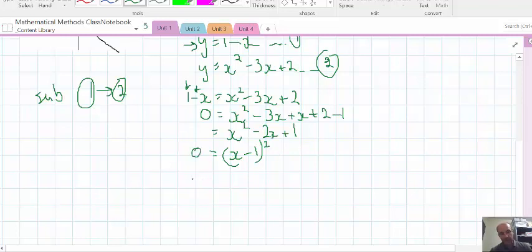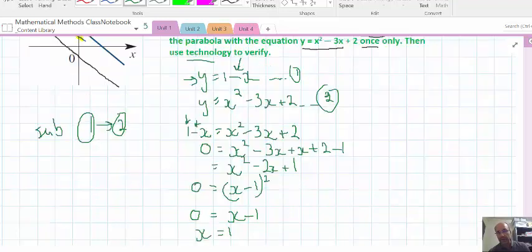Because remember, a squared minus 2ab plus b squared is the pattern, and that equals 0. So basically we take the square roots of both sides, and we've got x minus 1 equals 0. Obviously I didn't write plus or minus 0 because that is not a thing. 0 is neither positive nor negative. So x equals 1 is the place on the x-axis corresponding to the point of intersection.